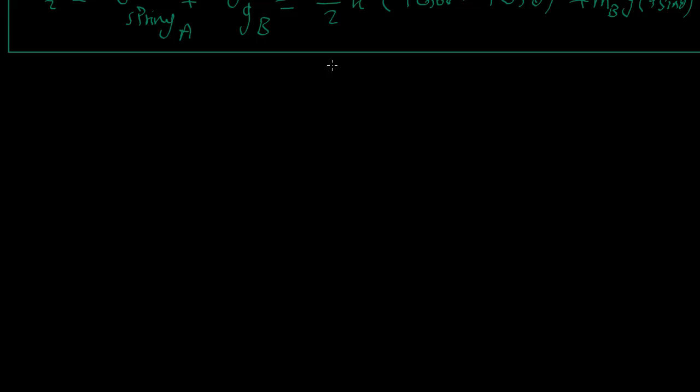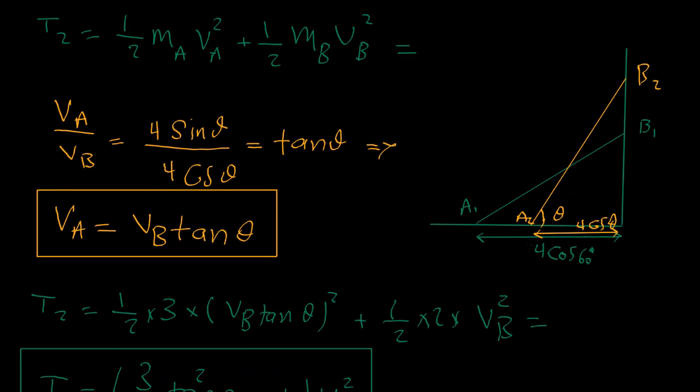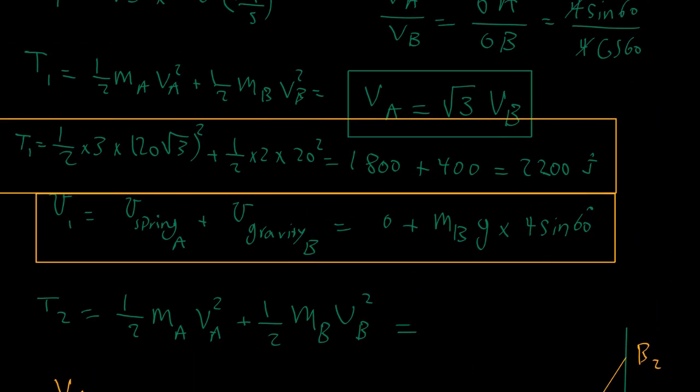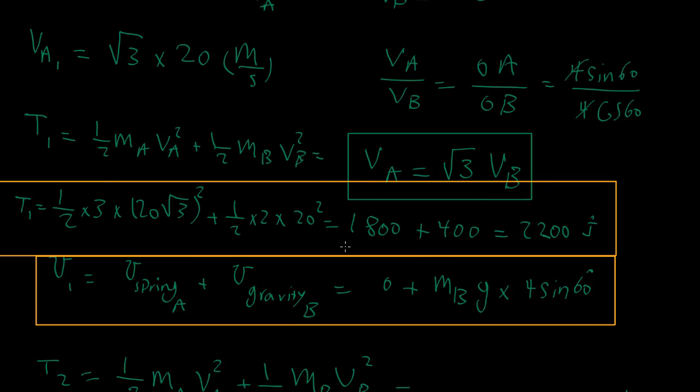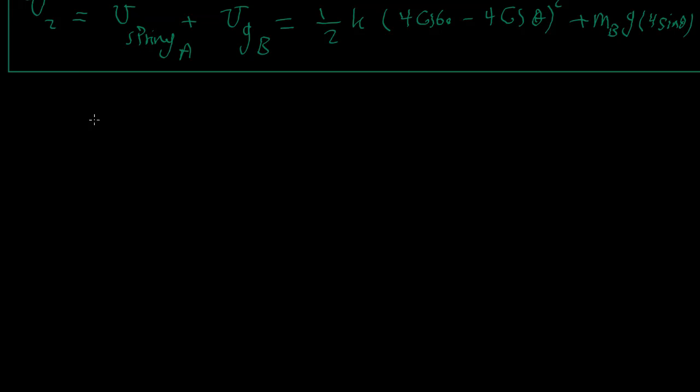Say that T1, which was, I think, 1800, we calculated that. So 2200 actually. So T1 plus U1 is equal to T2 plus U2.